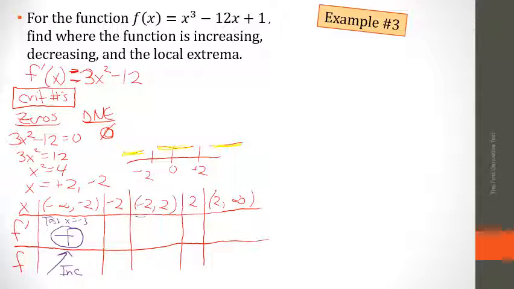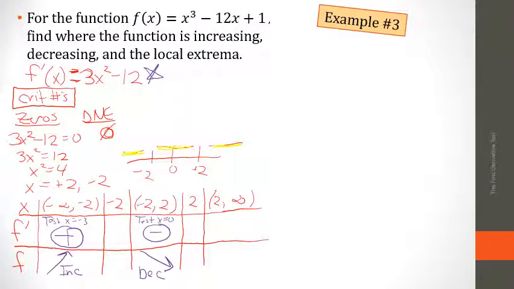Here I tested 0 because that's a nice easy number to test, and I got the derivative is negative. Now remember, when you're testing up here, you're plugging those tester numbers into the derivative, not the original function, because the derivative is the slope. So if the slope is negative, that means the original function is going down or decreasing.